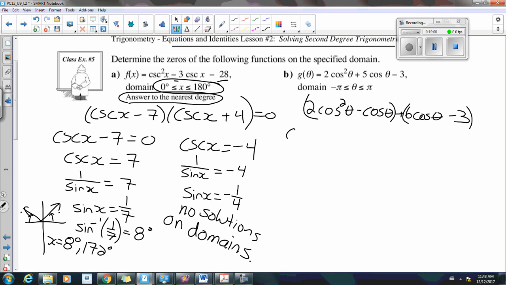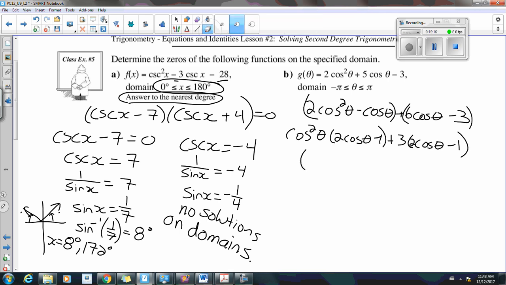Factor by grouping. Sorry, this one shouldn't be squared. So 2 cos theta minus 1 times cos theta plus 3.